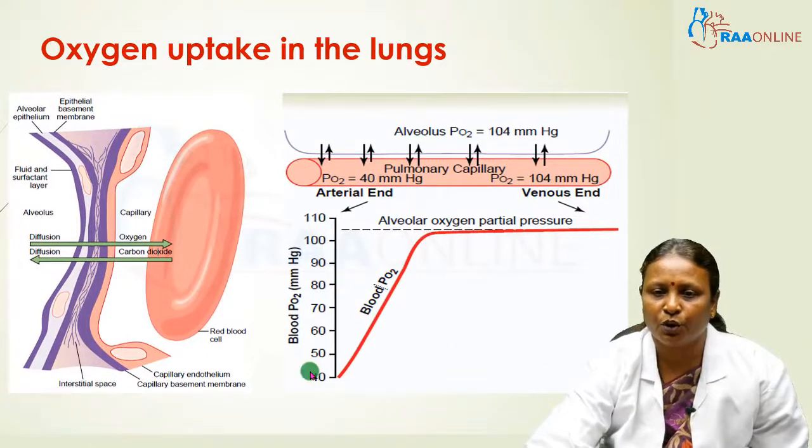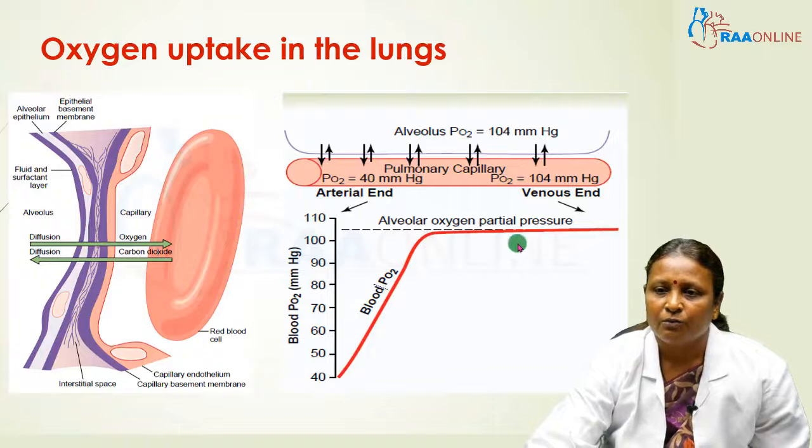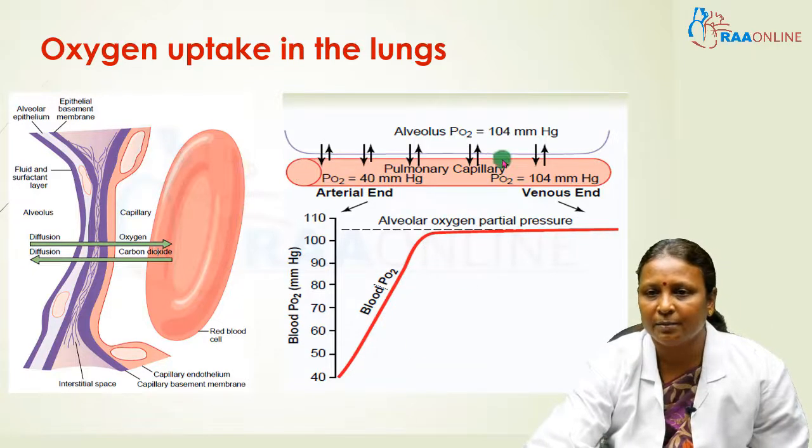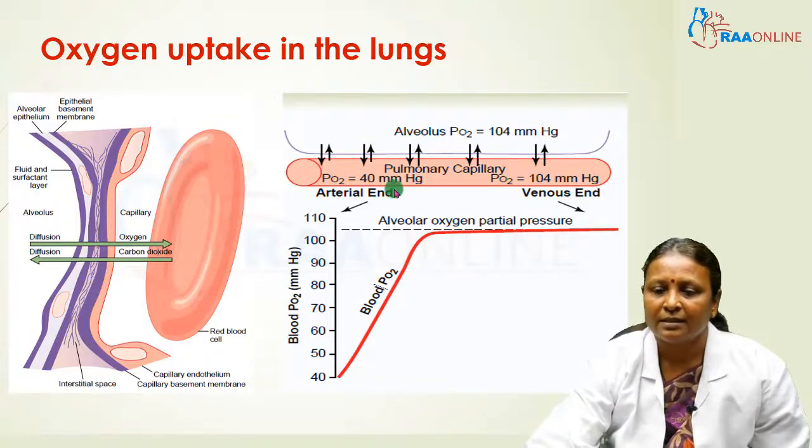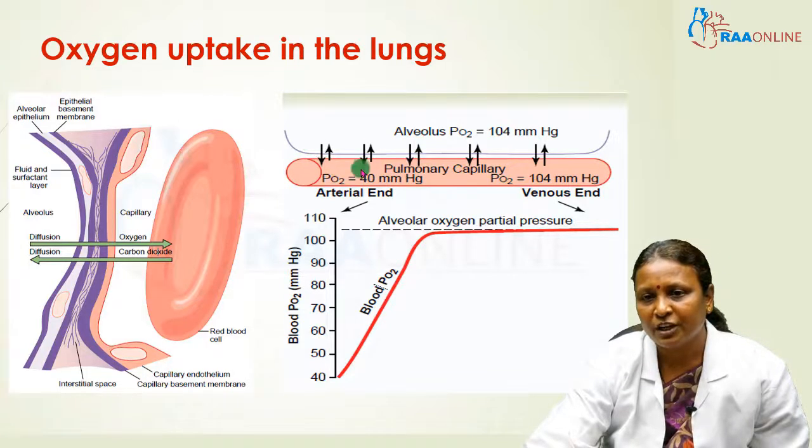This graph you are all familiar with. You have the partial pressure of oxygen, and the time duration for which the blood remains in the pulmonary capillaries. As the blood enters the pulmonary capillary at the arterial end, the pulmonary artery carries the deoxygenated blood, and the partial pressure is just 40 millimeters of mercury.